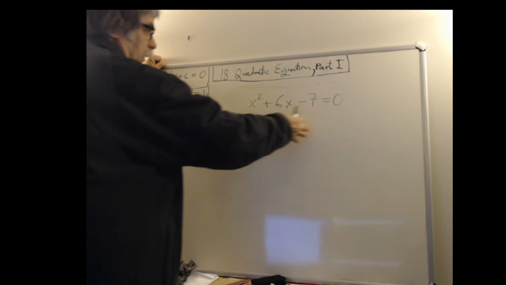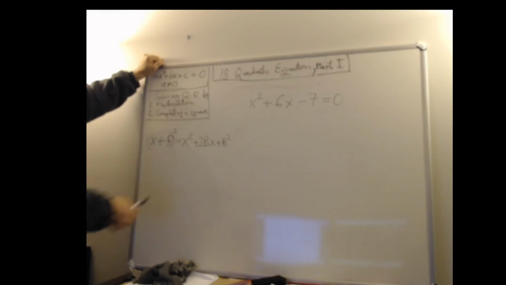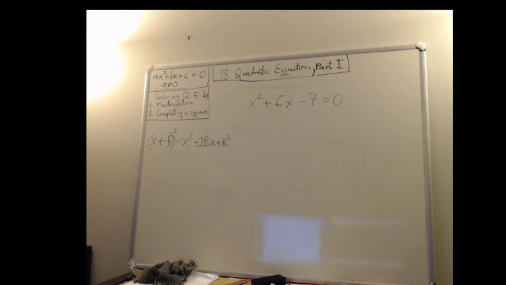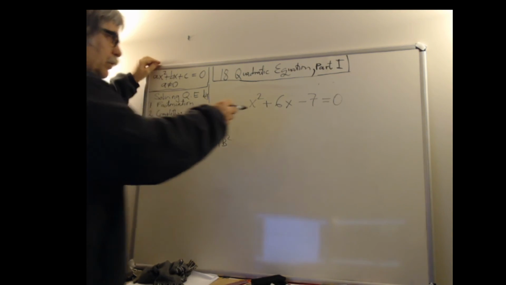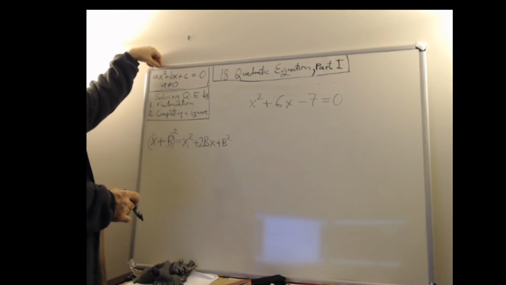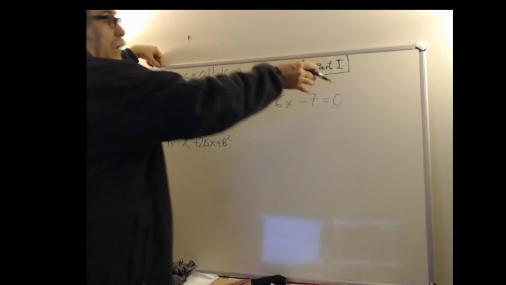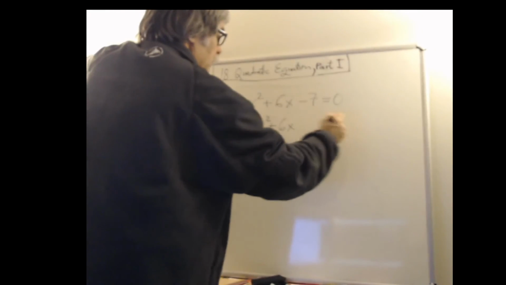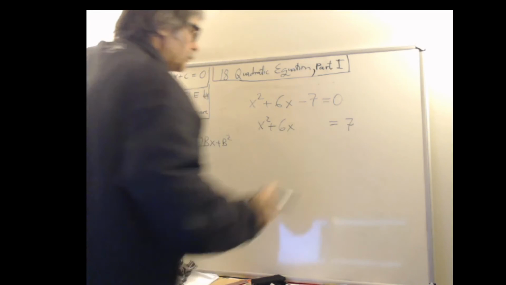Now this is definitely not a perfect square, because you need to have something positive here. This is negative 7, so there's no way that this looks like a perfect square. You can make it one. What you're going to do is move this term to the other side, so you get x squared plus 6x equal to 7.